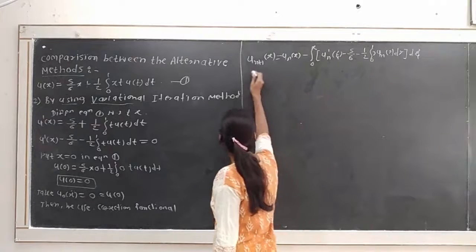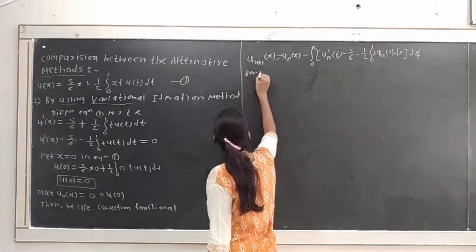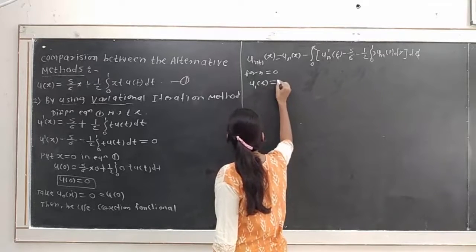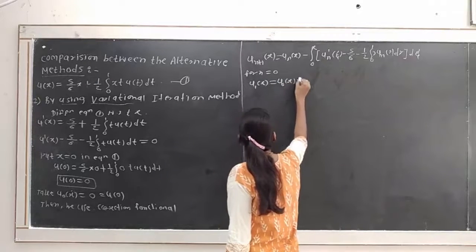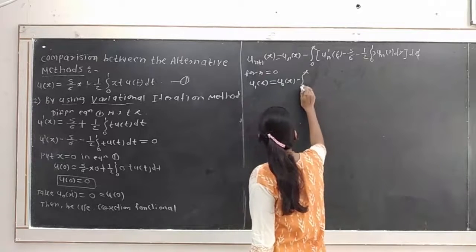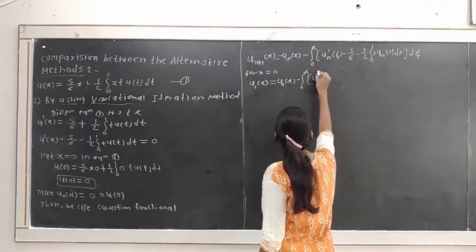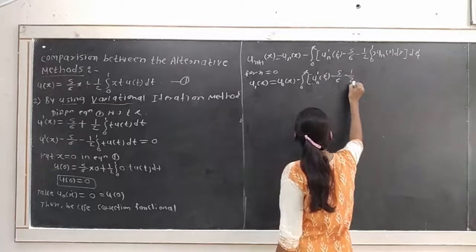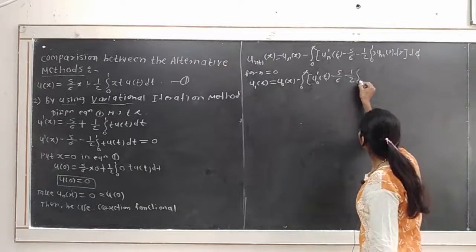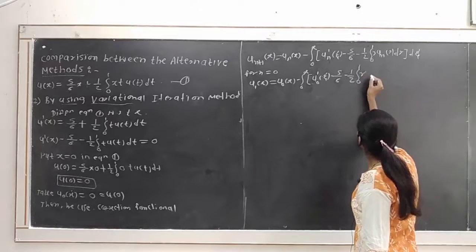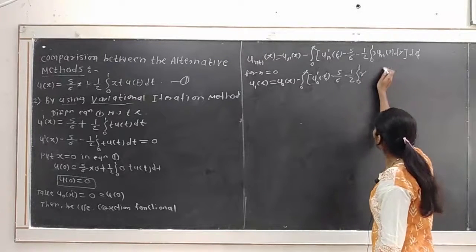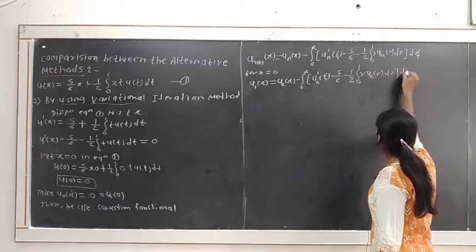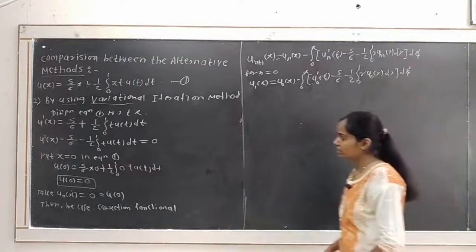So first for n is equal to 0, we get u1 of x is equal to u0 of x minus integration from 0 to x in bracket u0 dash of xi minus 5 divided by 6 minus 1 by 2 integration from 0 to 1, r will be as it is, then u0 of r dr into d xi.